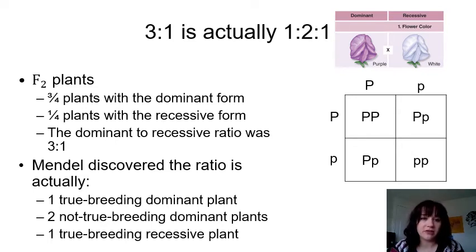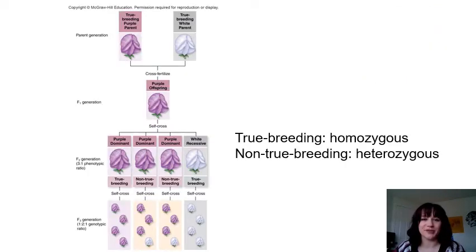So the appearance, the phenotype, is visually 3 to 1, but the genotype is actually 1 to 2 to 1. And he didn't use the word heterozygous, he called them not true breeding plants, because again, they didn't know about chromosomes back then.